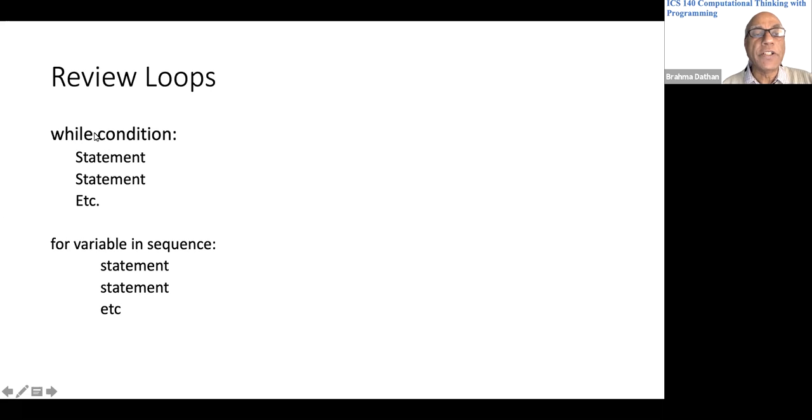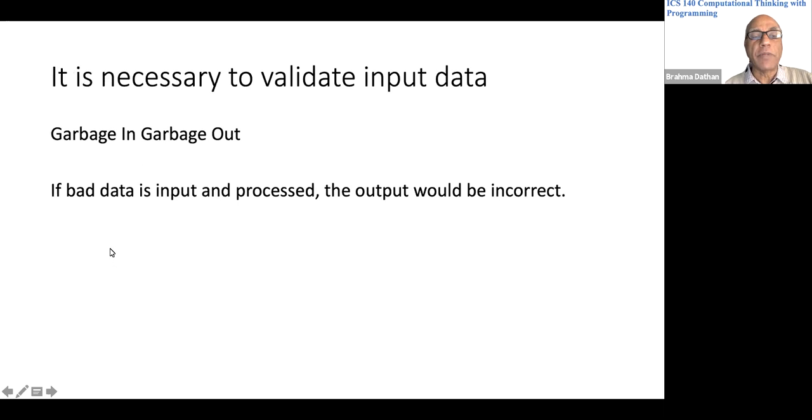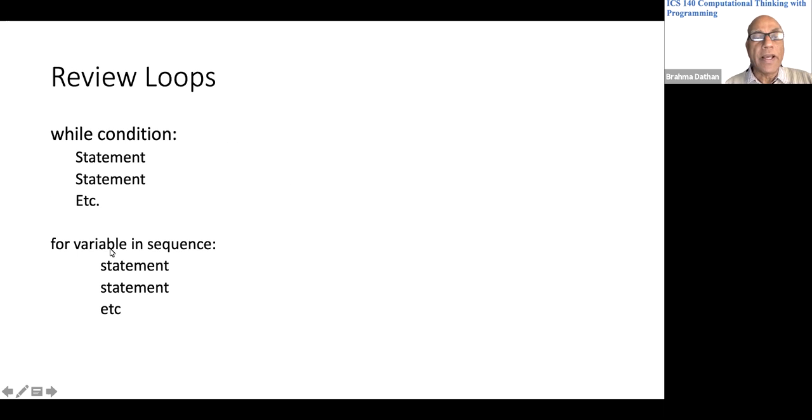So we studied two types of loops. One is an indefinite loop, that is the while loop. While a condition is true, you execute a bunch of statements. The other one was a for loop. For, you put a target variable here and you put the word in and you generate a sequence.